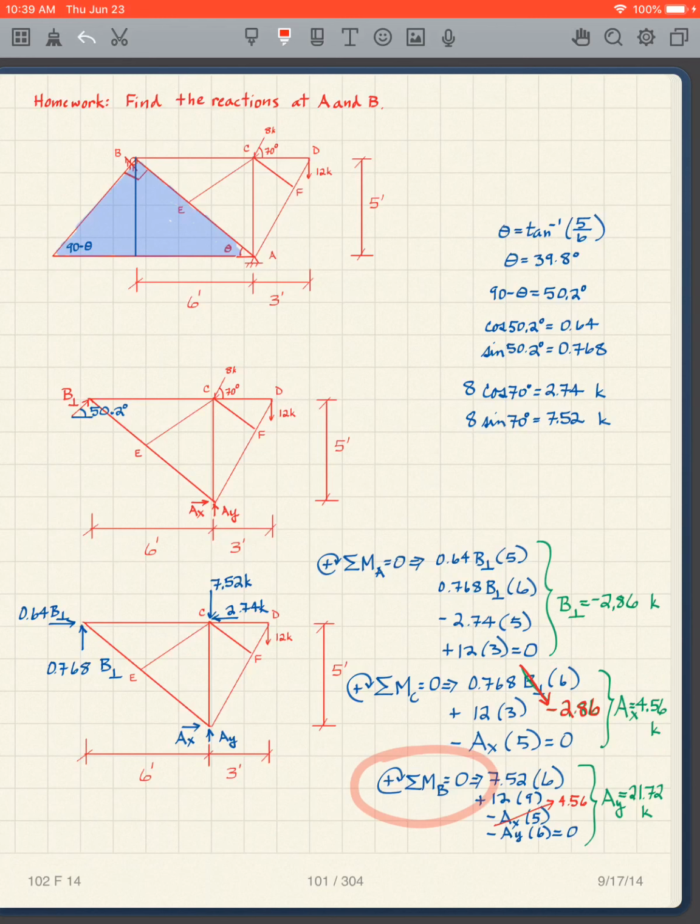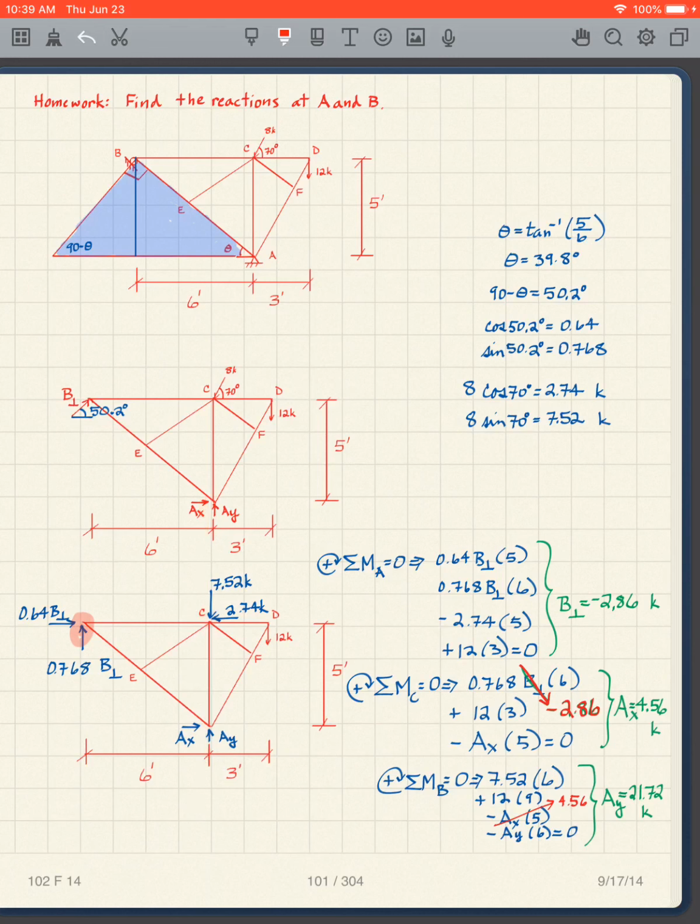Lastly, I can take moments about B. And so I take moments about this point. Why do I choose that? Because I'm trying to get AY now with a moment equation. I can't choose point C to get AY because AY goes through that point.